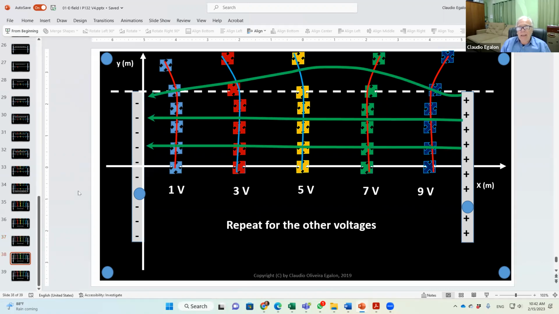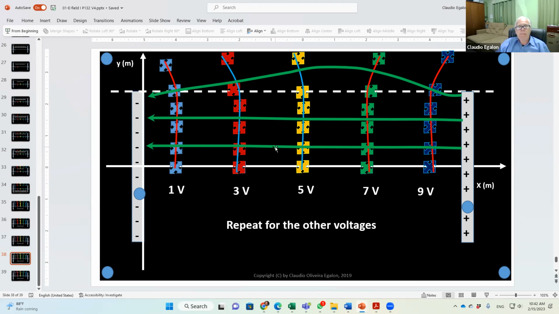The electric field lines make an angle of 90 degrees with respect to the tangent of those equipotentials. So here in the bulk of the electrodes, we're going to have pretty good electric field lines that are going to be horizontal. But when you get here at the edge, you're going to see those edge effects.